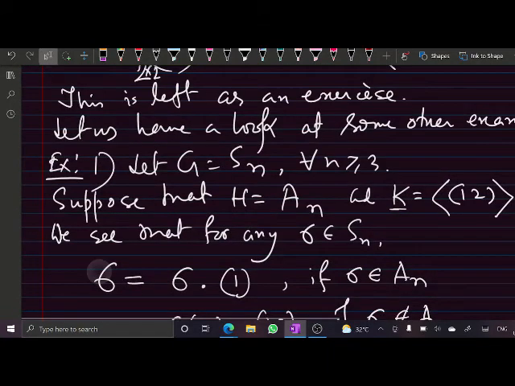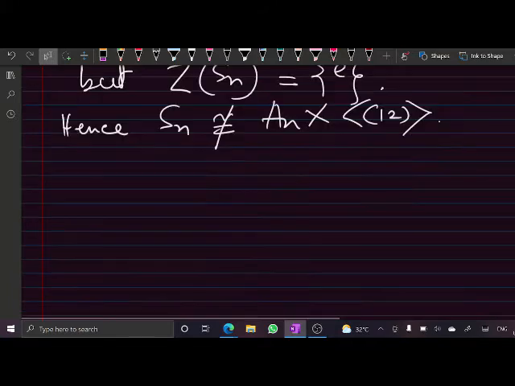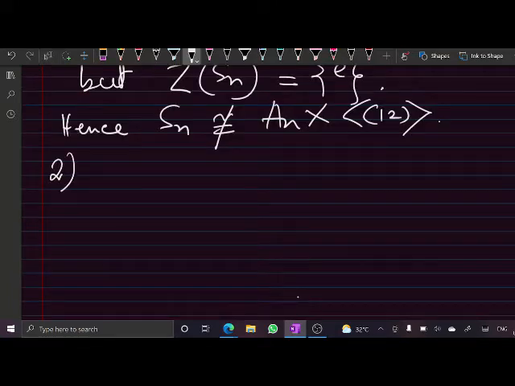So let us have a look. Apart from this example, you can also consider this one. Suppose instead of taking any n, you can consider S4. Okay. Now since the order of S4 is 24, so it is 2 to the power 3 cross 3.